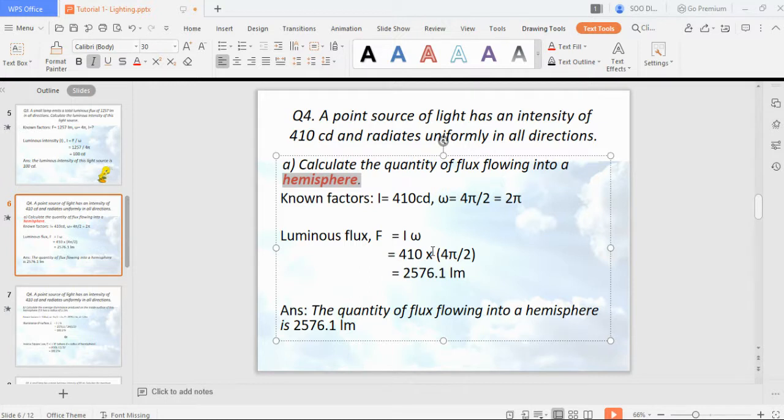So using the same formula in which you used to find the luminous intensity previously, you just shuffle the formula around and then you will be able to find what is the luminous flux using the known factors. So you put the value in 410 and then 2 pi, you'll get 2576 lumen.